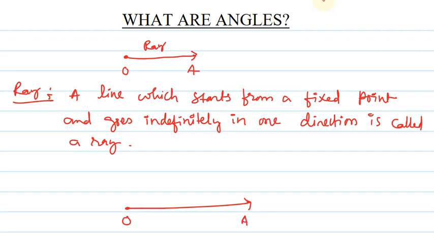Okay, if we have another ray like this which again starts from O, this is B, right? It is starting from the same point O. Then what we have between them is called an angle. This is an angle.